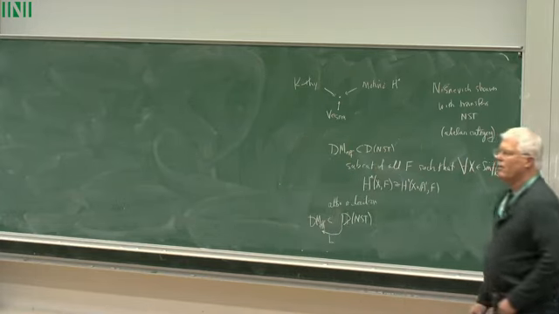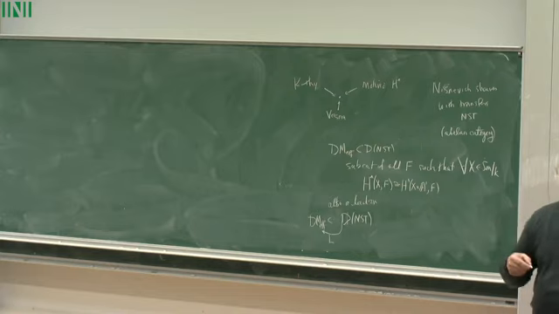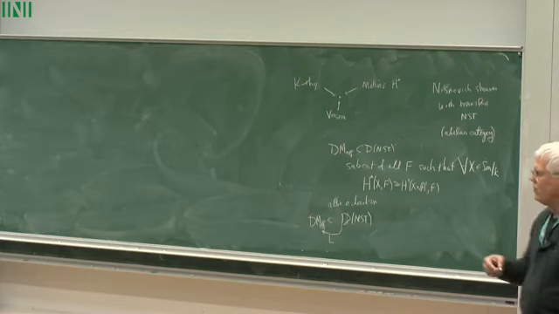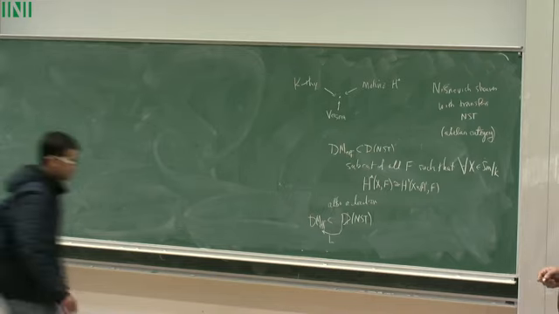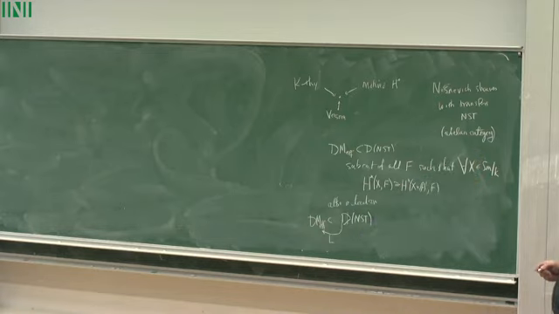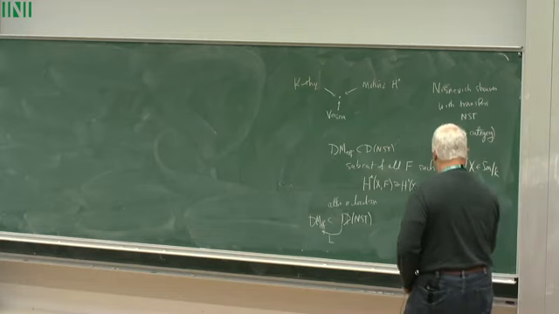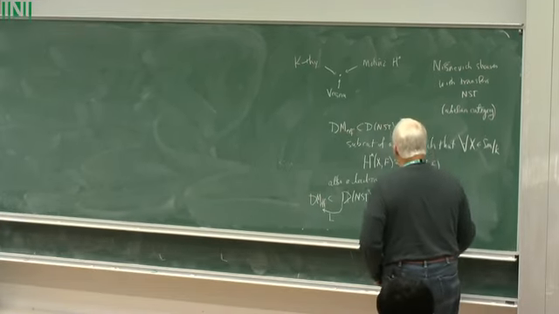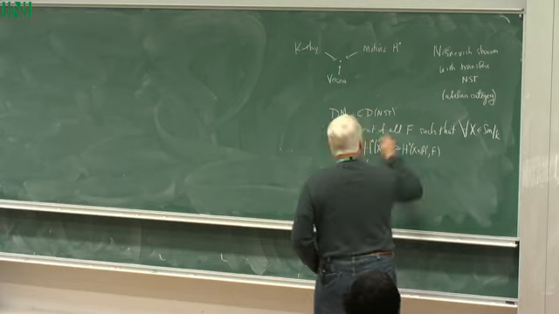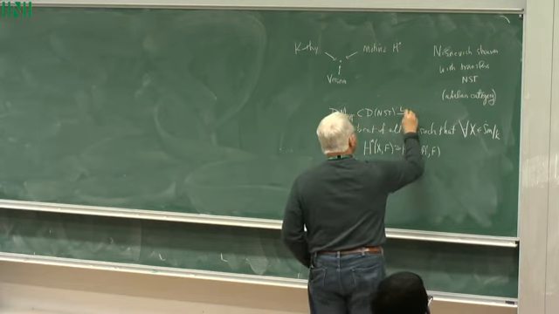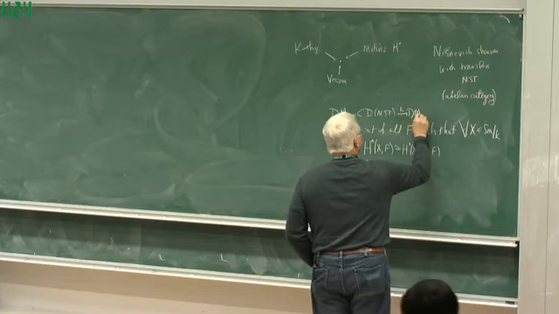This localization map going backwards is the analog of the map that Vesna talked about with motivic homotopy theory. So I'm going to use this localization map to talk about DM effective.